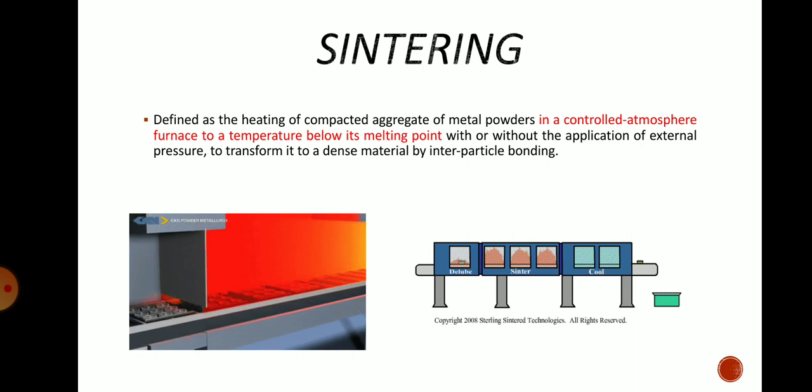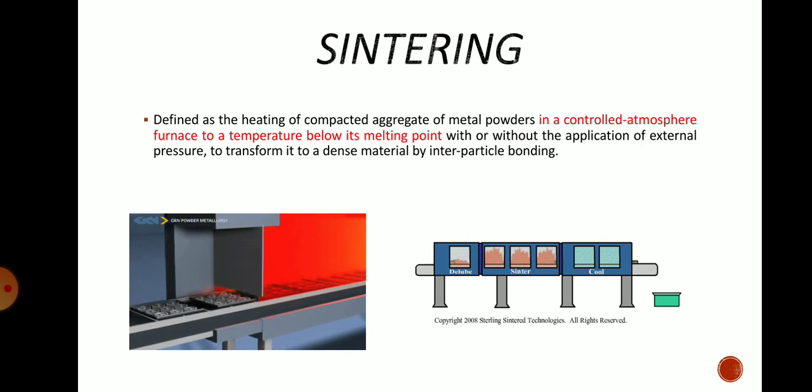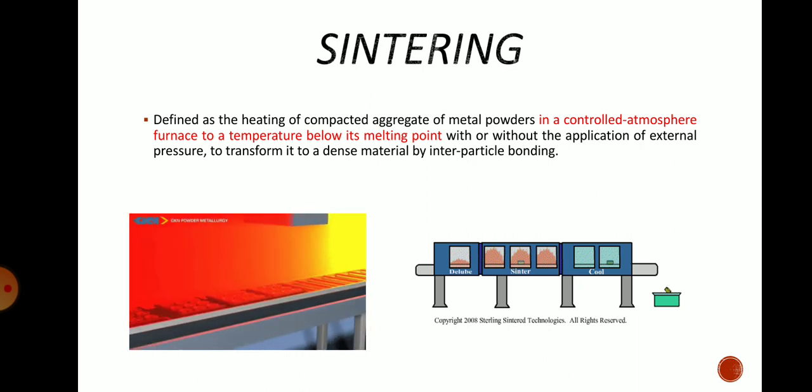So sintering is defined as one kind of heating process after compaction, in a controlled atmosphere called a furnace, at a temperature below the melting point or below the recrystallization temperature, with or without the application of external pressure. Students may say it is only a heating process. No, in some types of sintering process we can apply external pressure also during the heating.